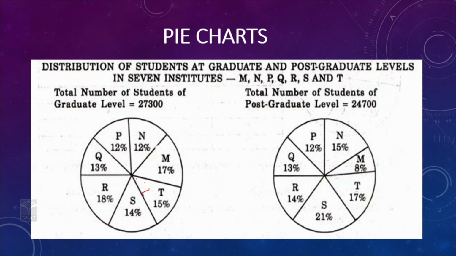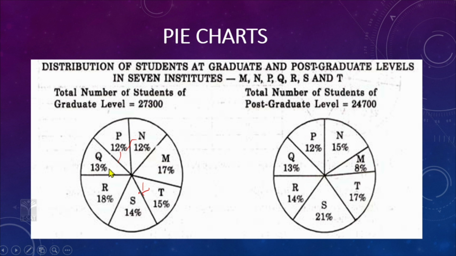So when you consider this one, this is called the sector angle. This is a sector. In the institution N, there is 12% at the graduate level. Which college has the maximum number of admissions at postgraduate level?